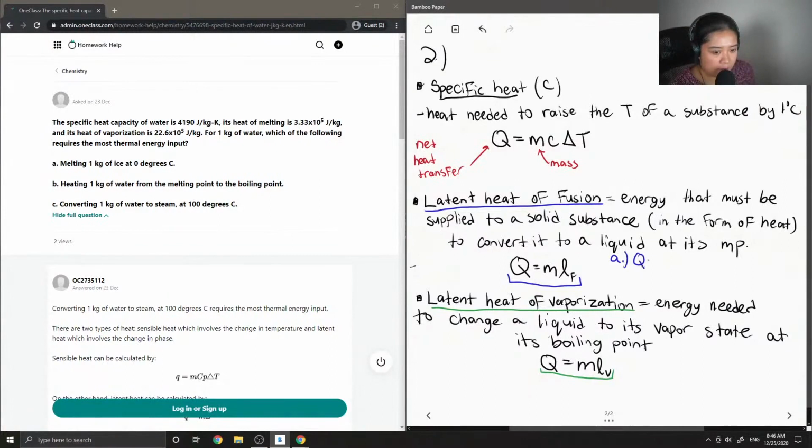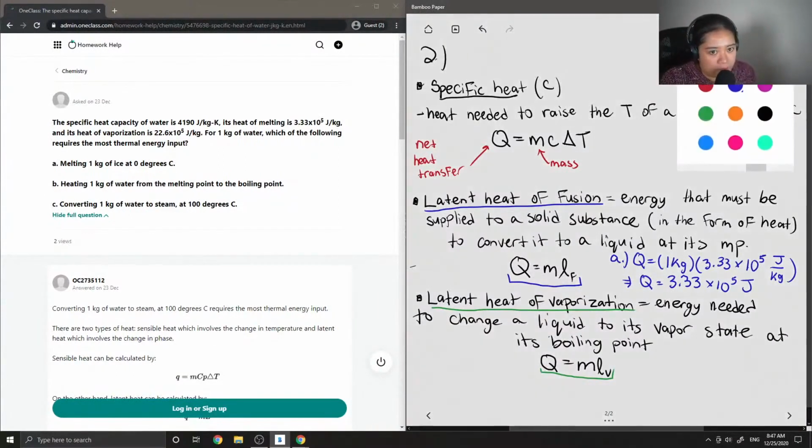So Q is equal to 1 kilogram, which was our mass, and the heat of melting was 3.33 times 10 to the 5 joules per kilogram. So Q is pretty much just equal to the same value, 3.33 times 10 to the 5 joules.